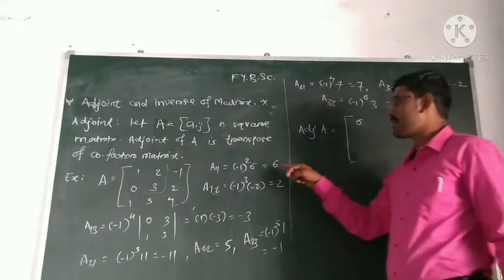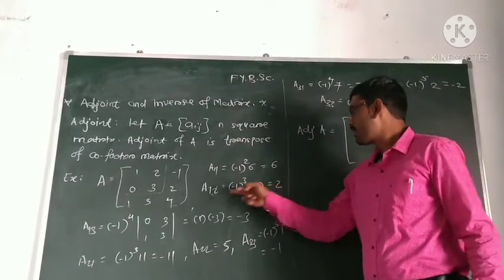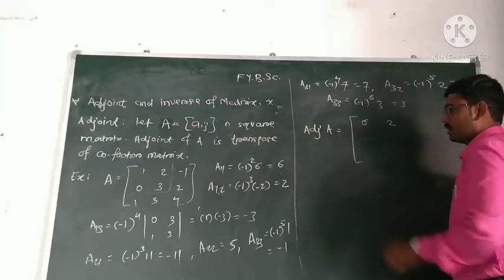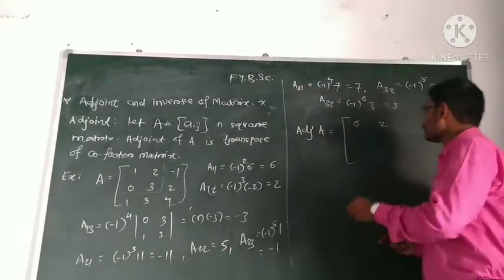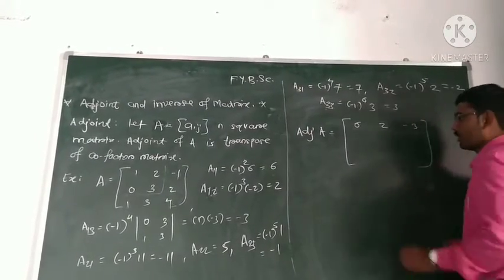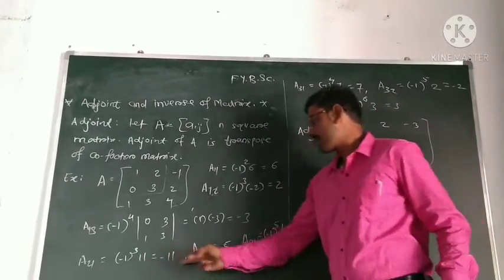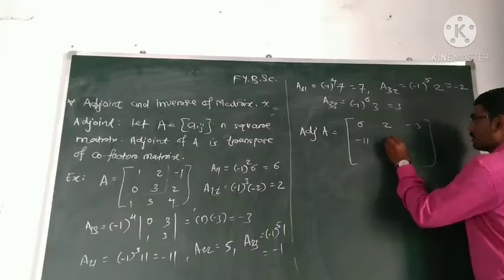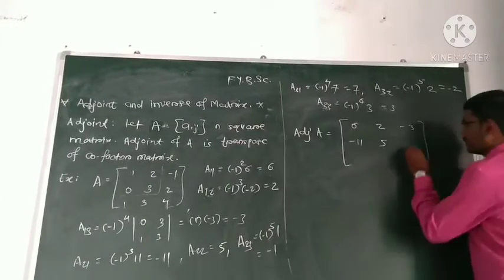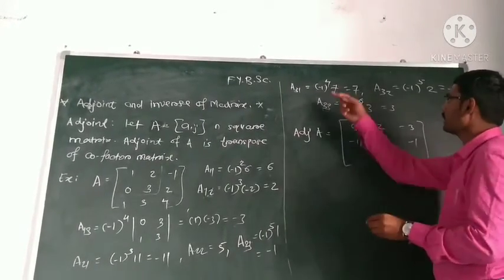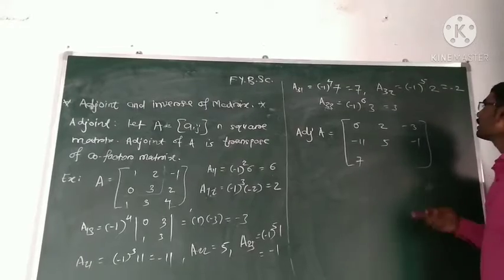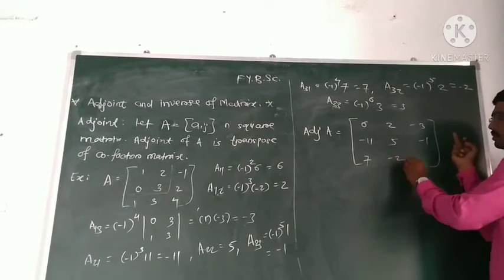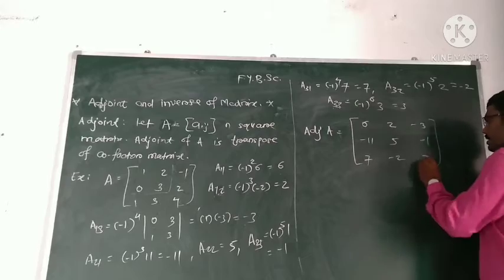So A11, cofactor of first element, is 6. A12 is 2. A13 is minus 3. Then A21 is minus 11. A22 is 5. A23 is minus 1. Then A31 is 7. A32 is minus 2. And A33 is plus 3.